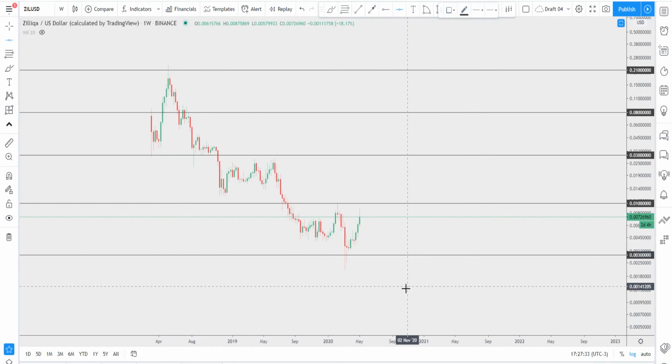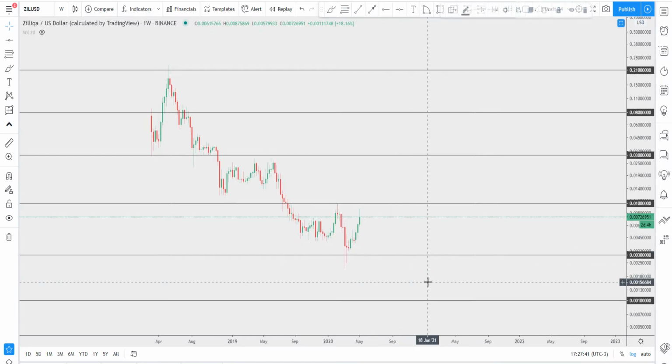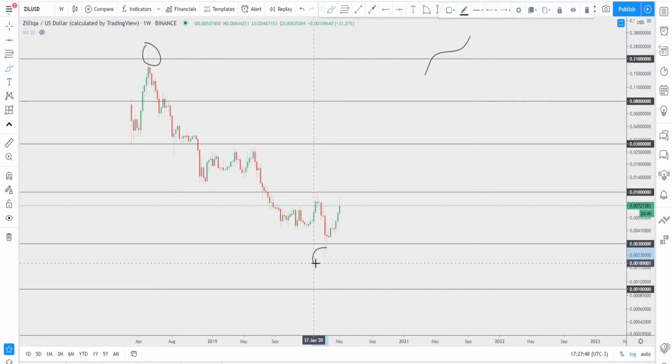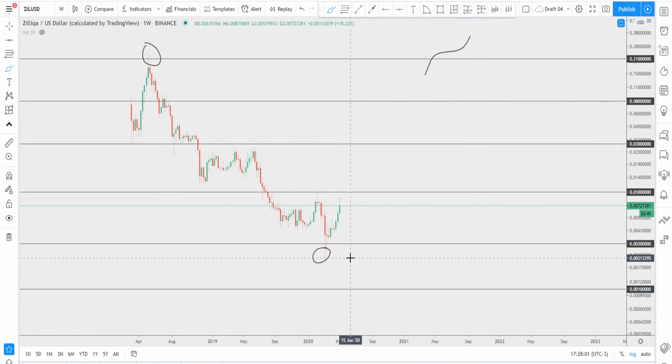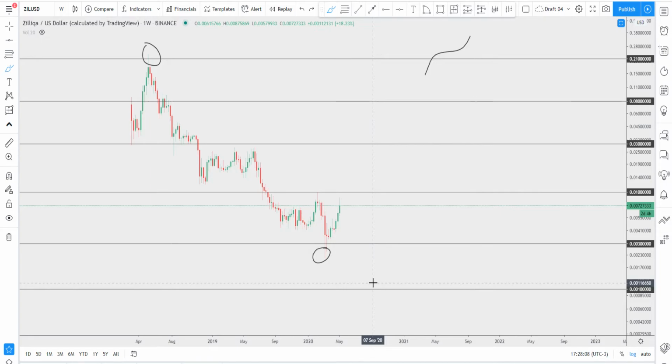For the 3 we need a 1. I'm not saying we are going to 1, I'm just making the range. Like this one gave the info for later continuation, this one also gave info for possible bearish continuation. I'm not saying we are going below 1, 0, 0, 0, 1. I'm saying it's possible to make a new low compared to the previous one. So we are going to address these levels right now.